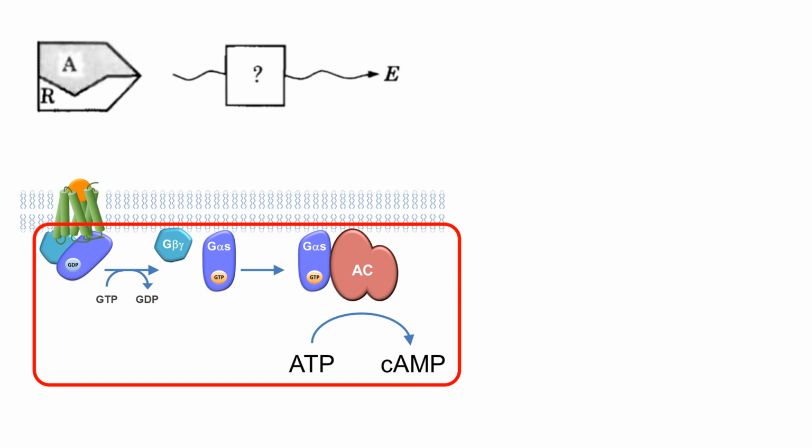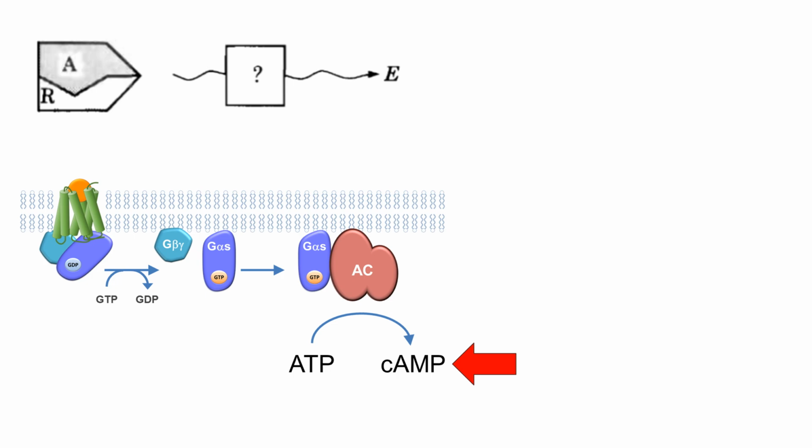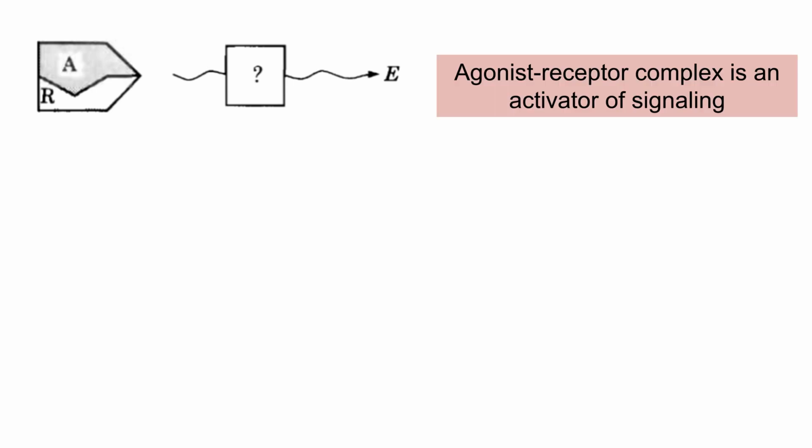Activation of the signal transduction system generates the response, which is cyclic AMP here. Based on this mechanism, the first assumption of the operational model is that the agonist-receptor complex is an activator of the signal transduction system.